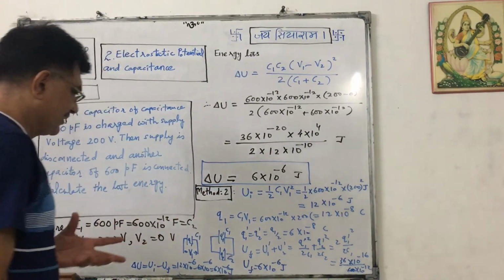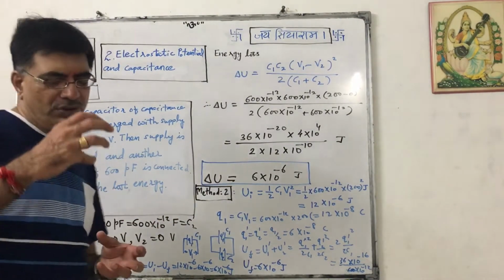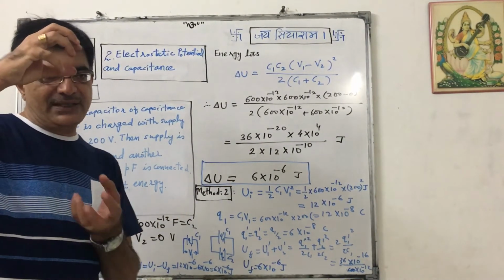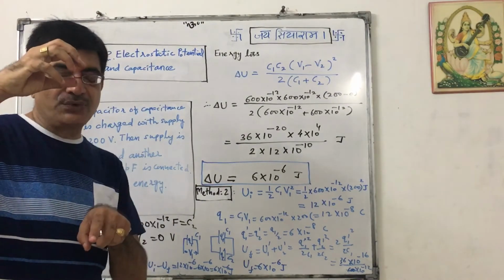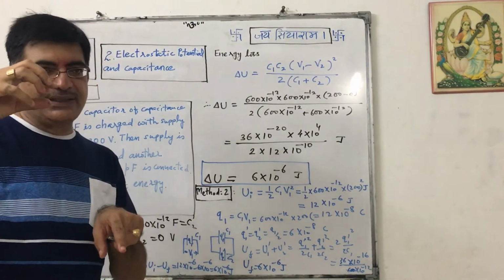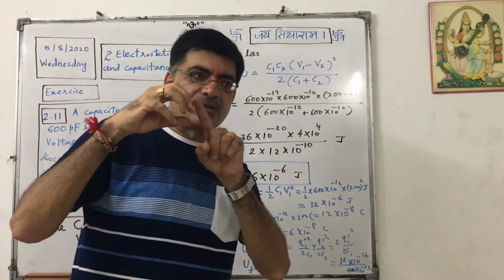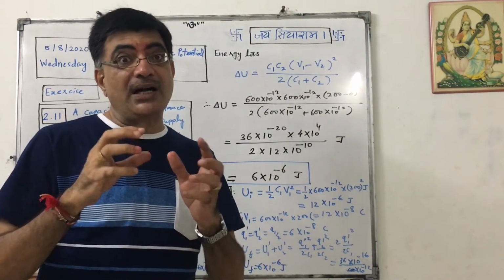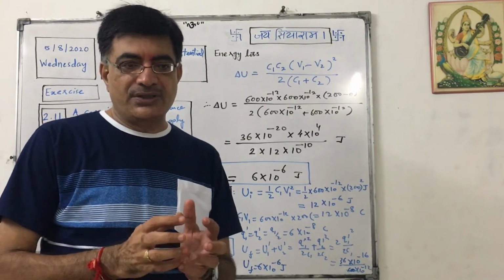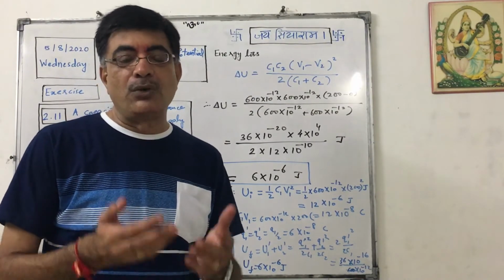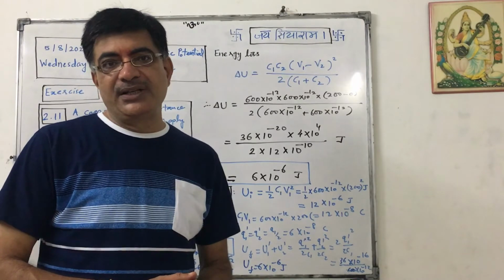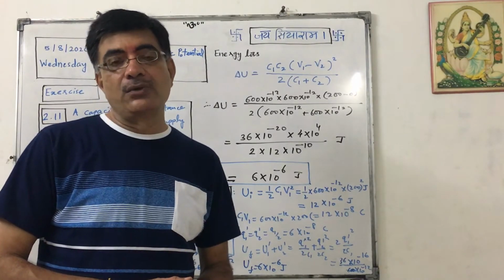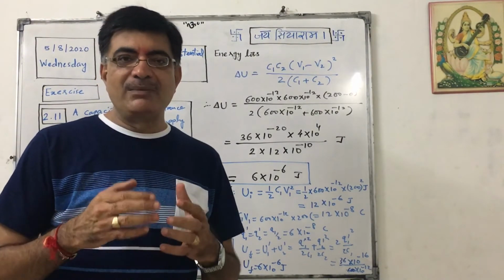Due to the first capacitor, the second capacitor will be charged. During that process, the electrons will travel through the conducting wire and collide with the ions. So some energy will be dissipated in the form of heat and some in the form of electromagnetic waves. So in short, energy will be lost.